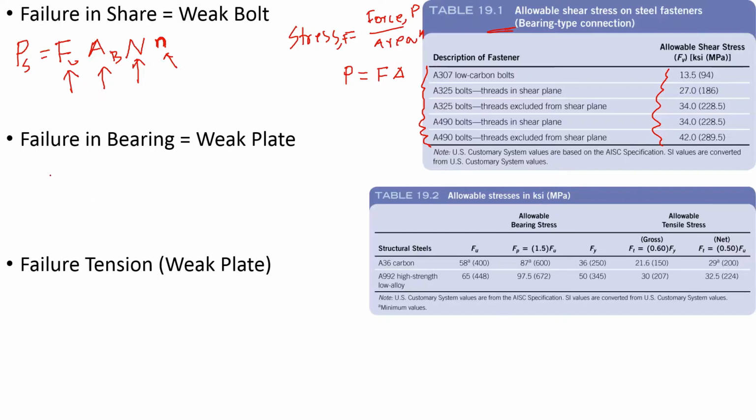Same thing, the bearing stress. Imagine that there is a plate like this, and then a bolt here is going to cut like this in the middle. So now the plate is weak, so it's going to make a cut like that. So this cross section area, that is what you have to consider here.